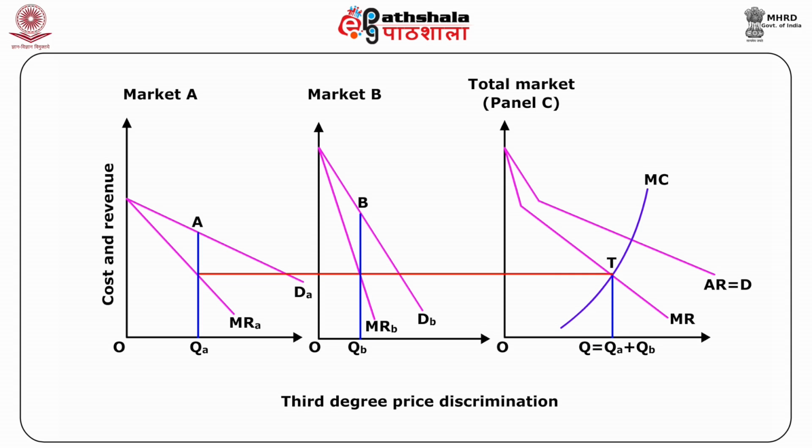Since at OQA, MRA equals MC in market A, and at OQB, MRB equals MC in market B, MC equals TQ equals MRA equals MRB. Thus, the equilibrium condition is satisfied in both the sub-markets and the monopoly firm adopting the third degree method of price discrimination maximizes its profits.